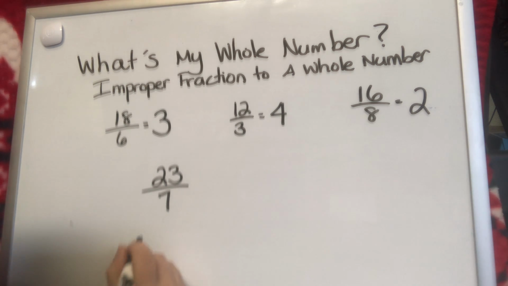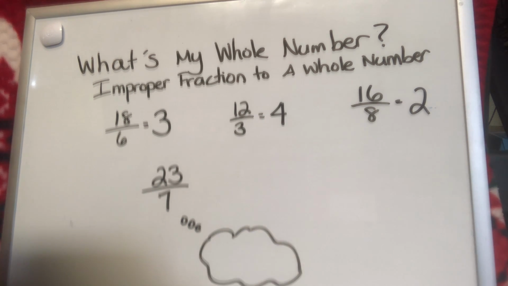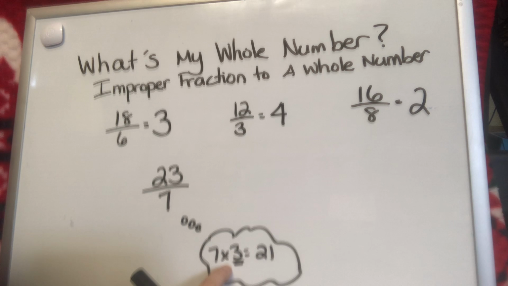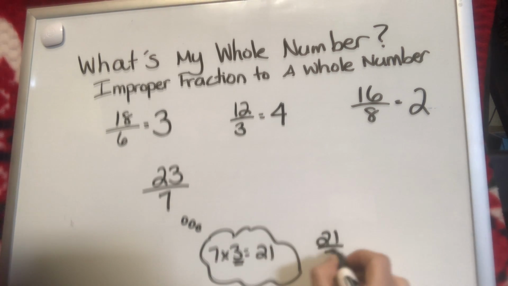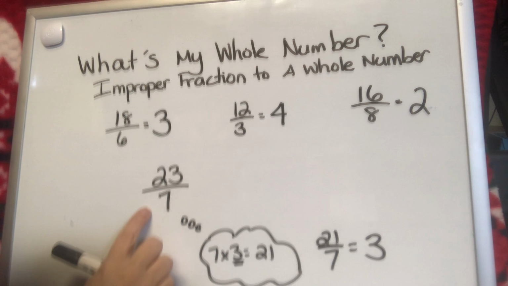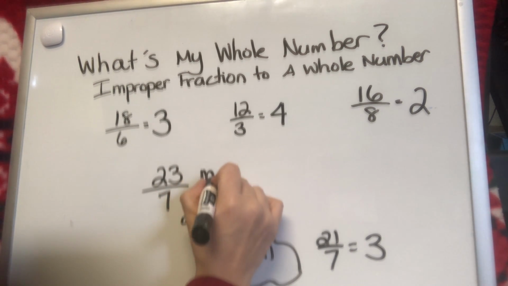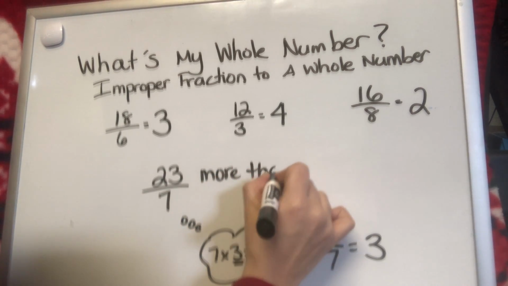Kind of like a think bubble here, right? I know that 7 times 3 equals 21, okay? So if it was 21 sevenths, it would be 3 on the number line, right? But this is 23 sevenths. So this would be more than 3.